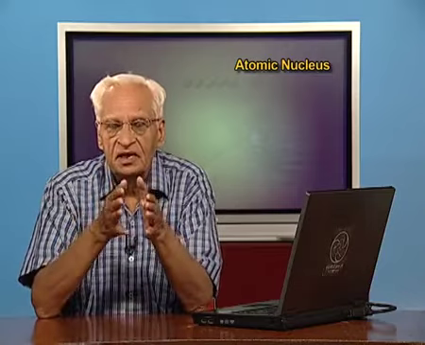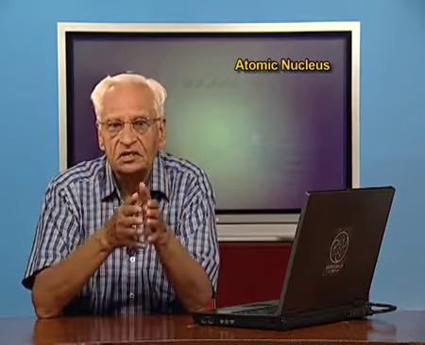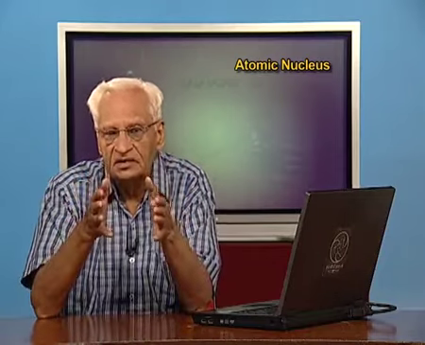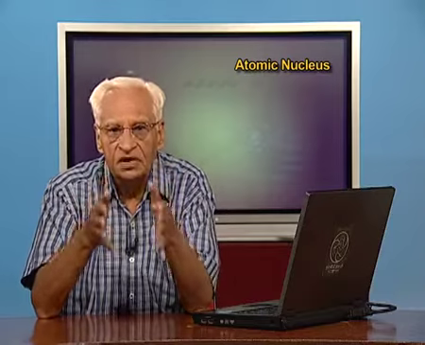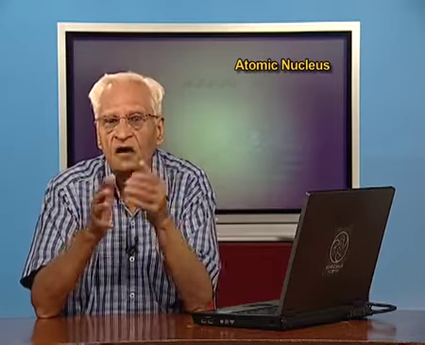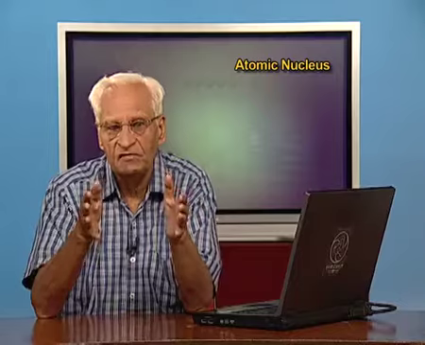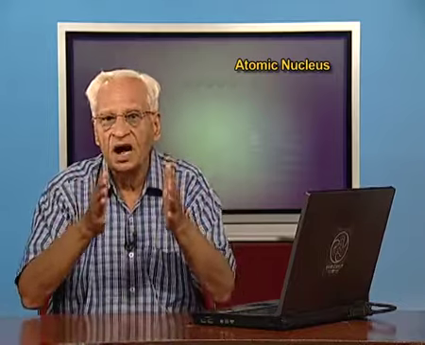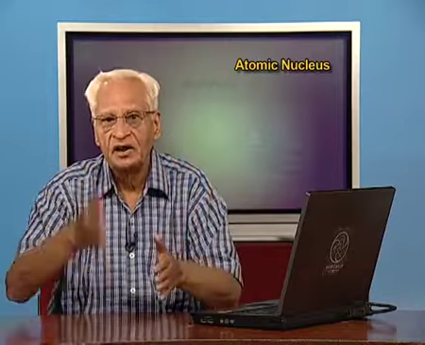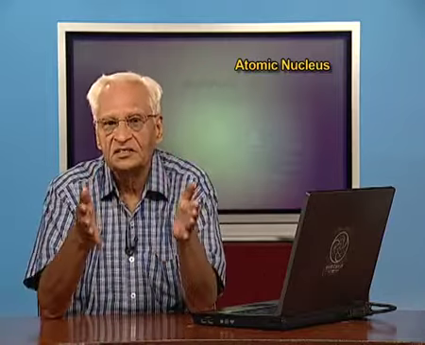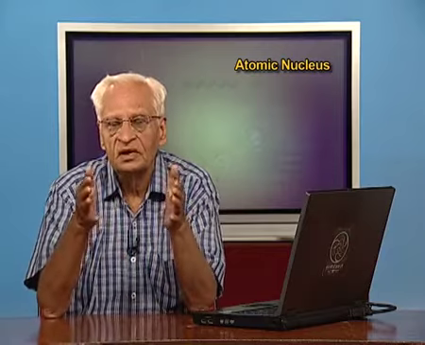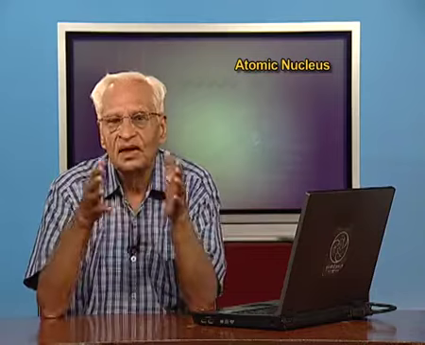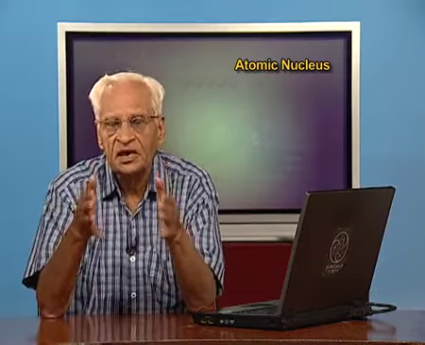Atomic mass unit is defined as 1/12th of the mass of the most abundant isotope of carbon, which is carbon 12. So, carbon 12 is defined as having mass 12.00, and 1/12th of that is defined as 1 atomic mass unit, and its value is 1.66 times 10 to the power minus 27 kilograms.